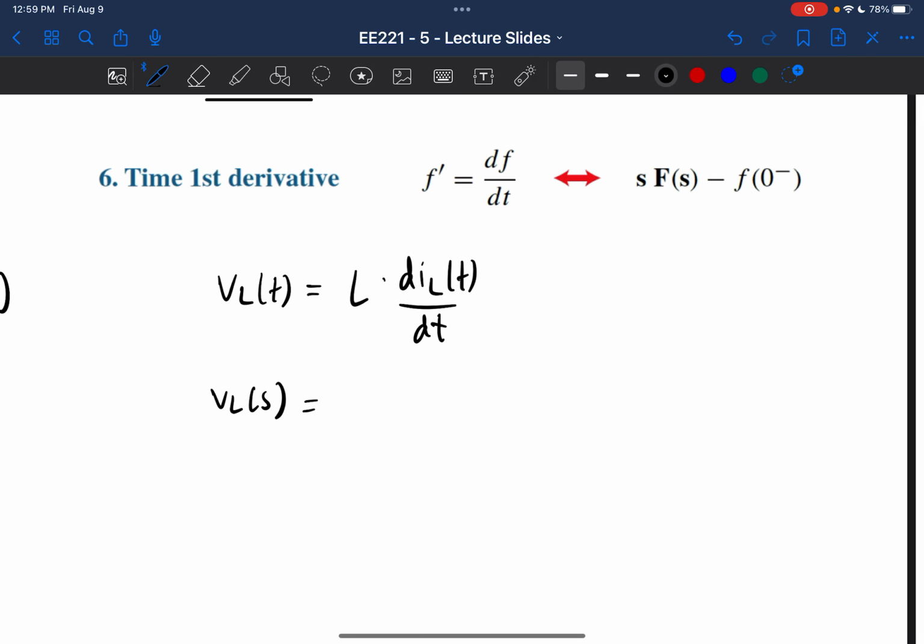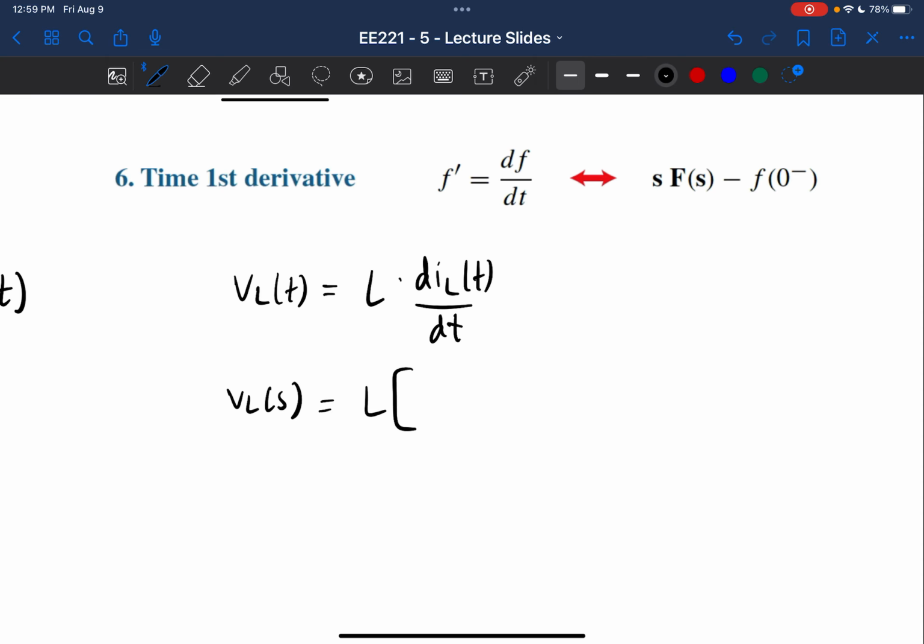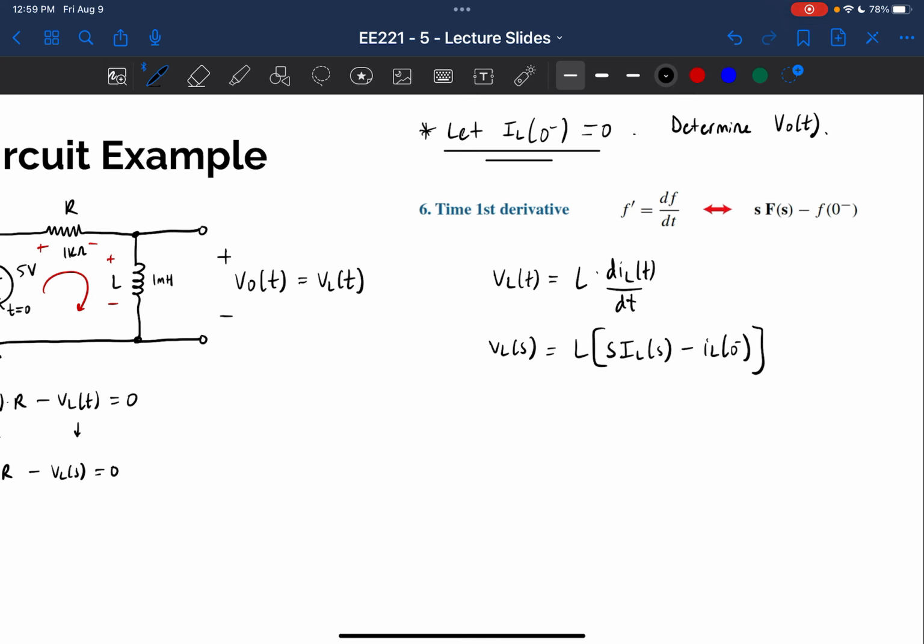In this case, the constant's going to come along for the ride, but it's going to be S times F(s), which in this case is I_L(s), minus f(0-), so I_L(0-), the initial condition for the current flowing through the inductor. We know that that's 0, that's given, so we can say that this is 0.